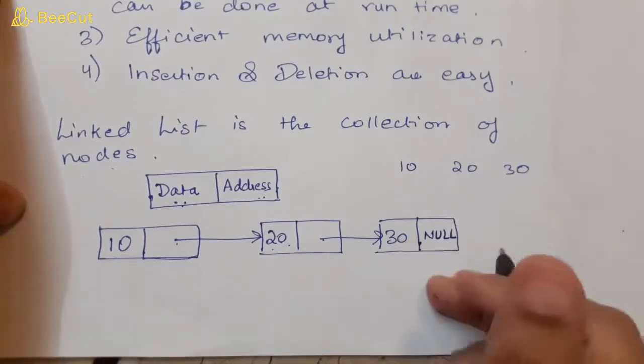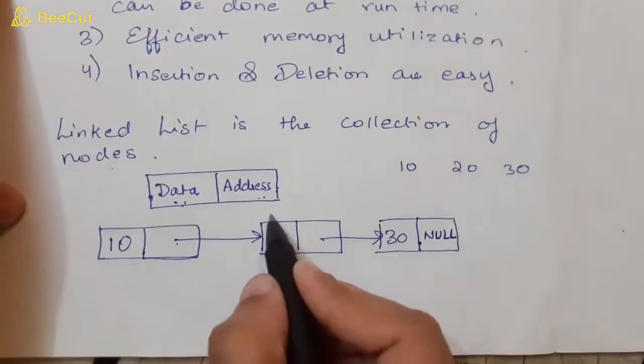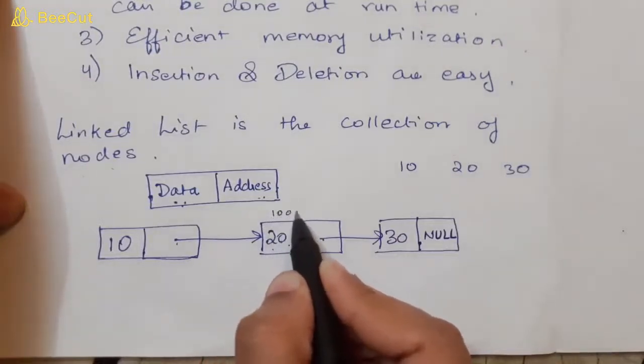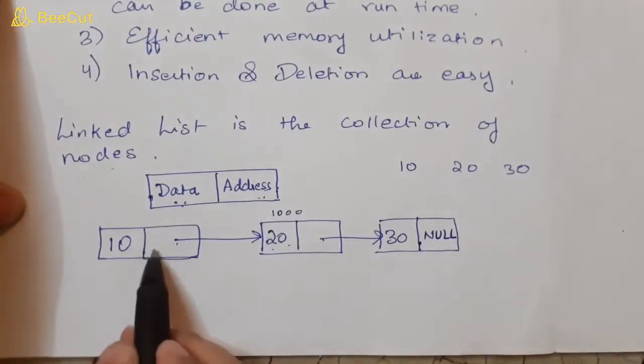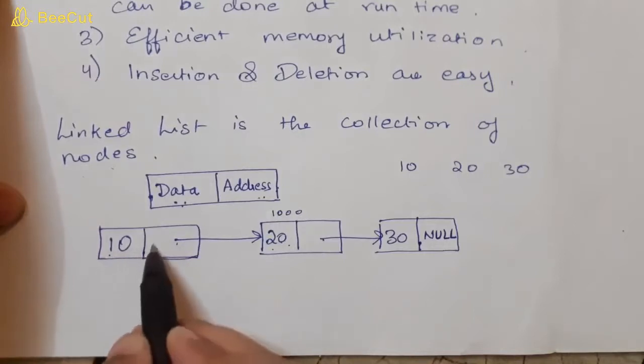So these are the three nodes, and suppose the node containing 20 is stored at memory location 1000. That means the next field of the node having 10 as the data will contain 1000.